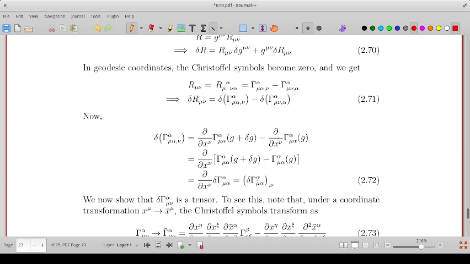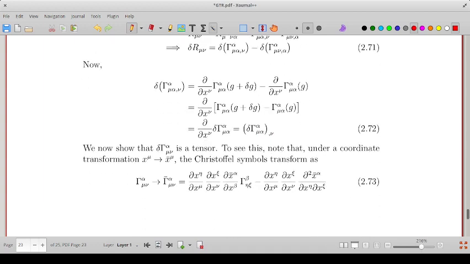So I can write this as delta gamma alpha mu alpha comma nu. We now show that this object delta gamma alpha mu alpha is a tensor quantity. Remember, gamma alpha mu alpha, the Christoffel symbol, is not a tensor quantity, but delta gamma alpha mu alpha is a tensor quantity.